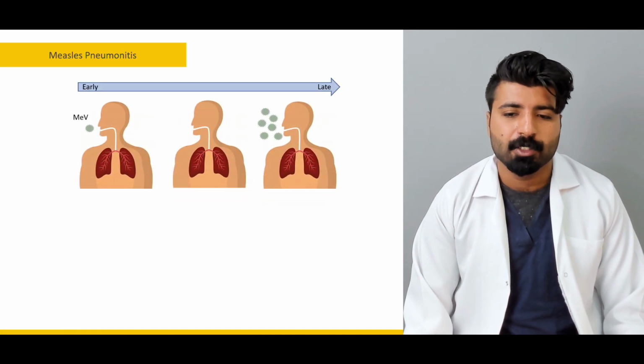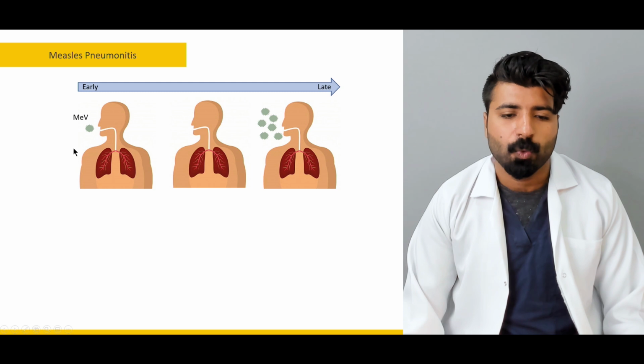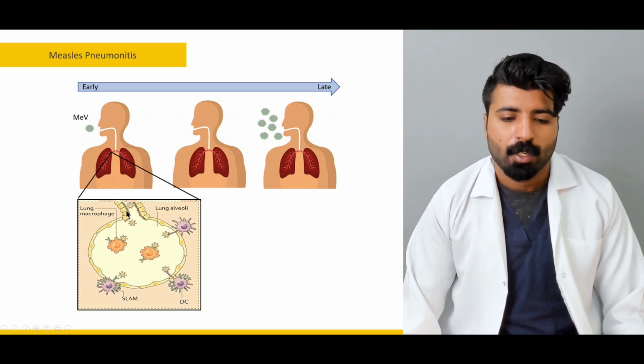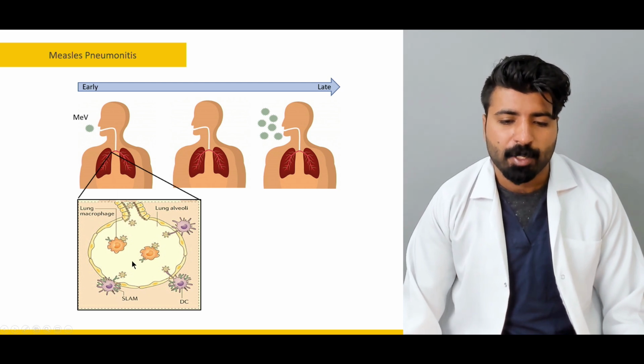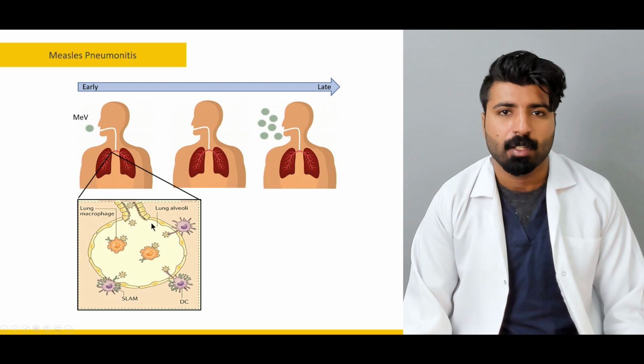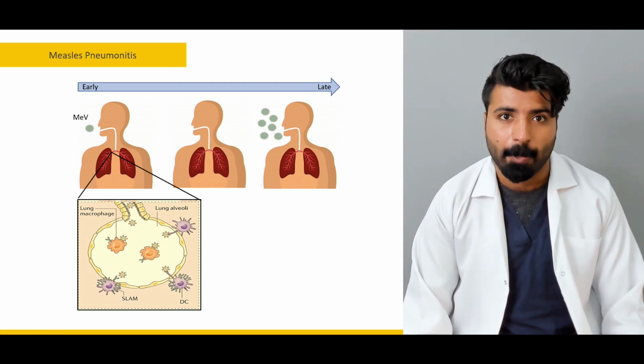So what will happen in measles pneumonitis? In the early phase, the measles virus gets inside your system, and the lung macrophages, SLAM cells and DC cells are there, so they're going to react to this entry of the virus.